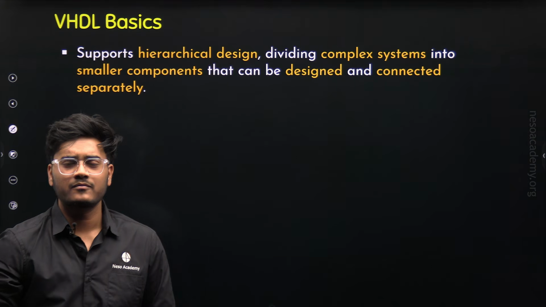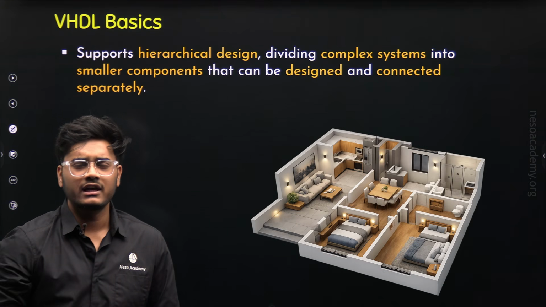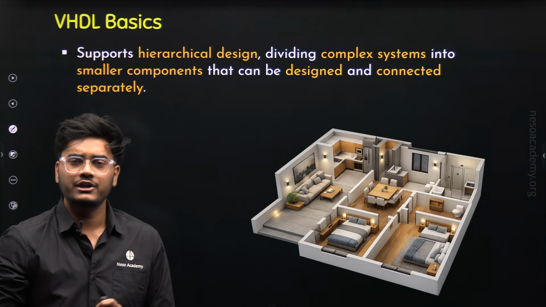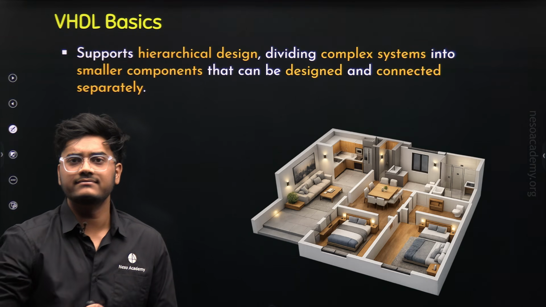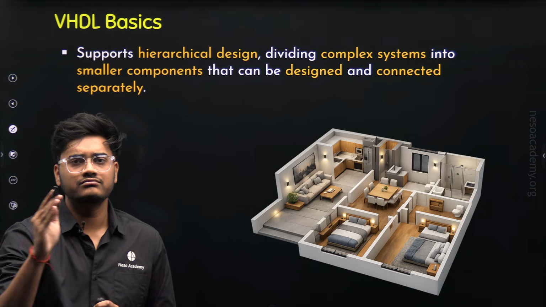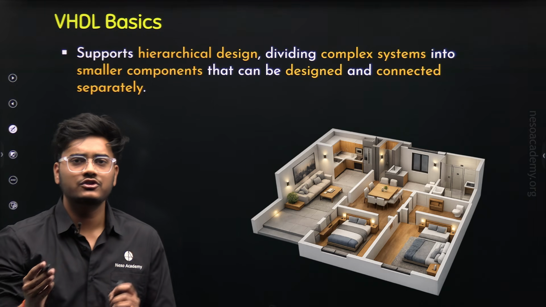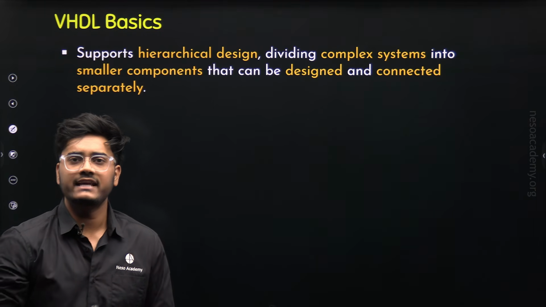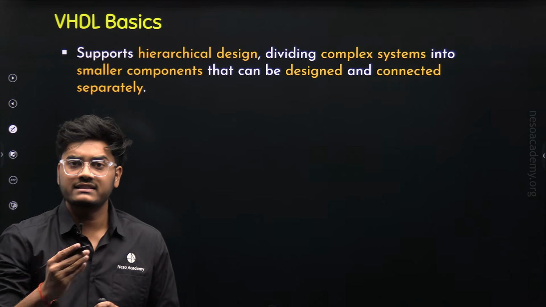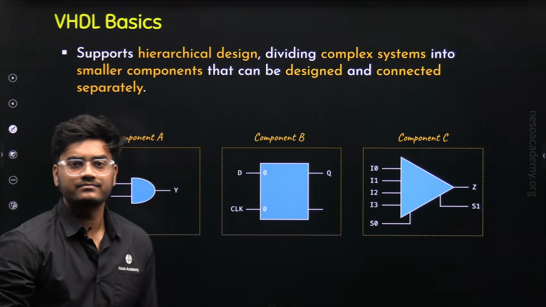For example, if you want to build a house, you don't build everything at once. You create rooms separately: kitchen, bedroom, bathroom, then combine them to make a full house. In the same way, a complex system is divided into smaller components.